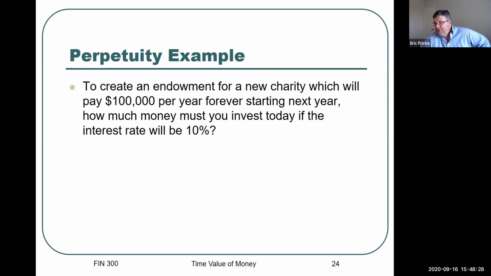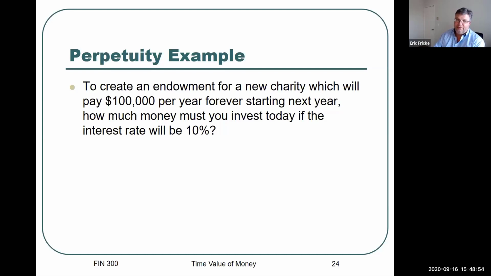So the question here is, if you want this endowment to give off $100,000 per year forever, how much do you have to invest today, assuming an interest rate of 10%? How much do you have to donate today into this endowment so the charity can receive $100,000 per year off this endowment?